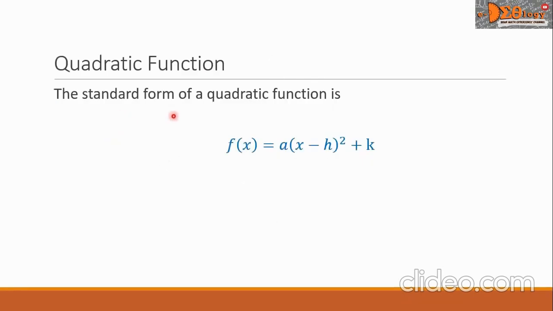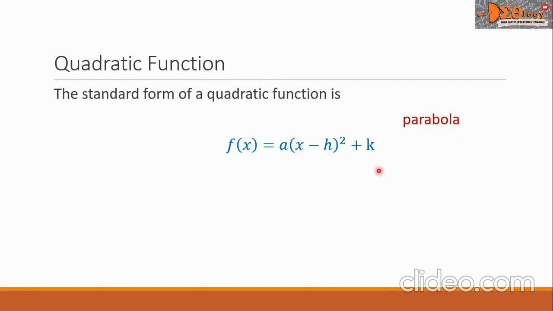The standard form of a quadratic function is f of x equals a times the quantity x minus h squared, plus k. We know that the graph of a quadratic function is a parabola.